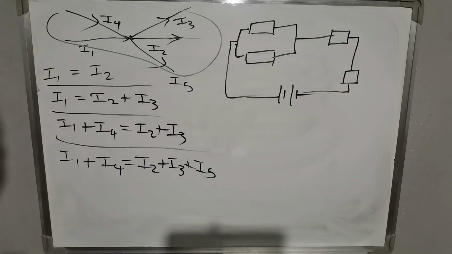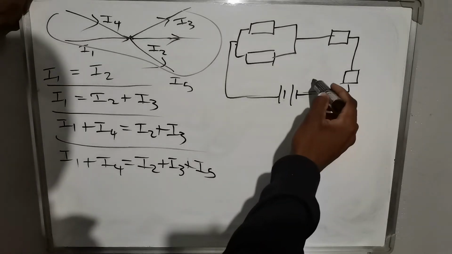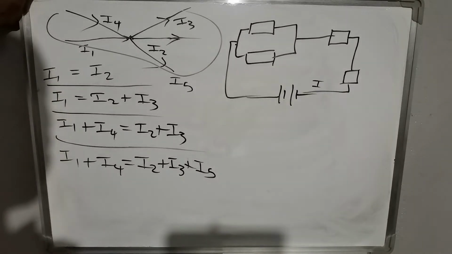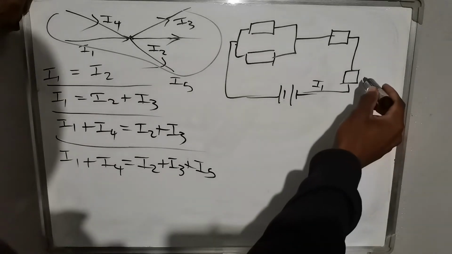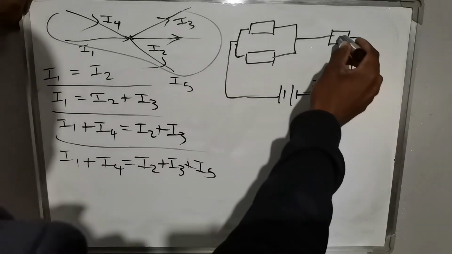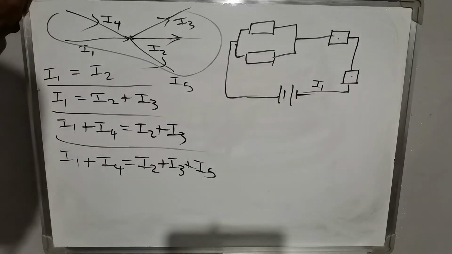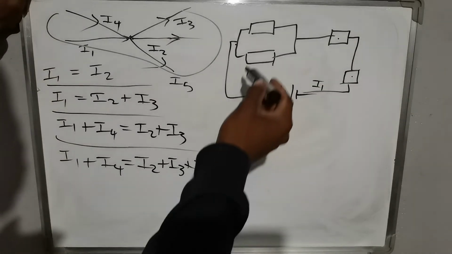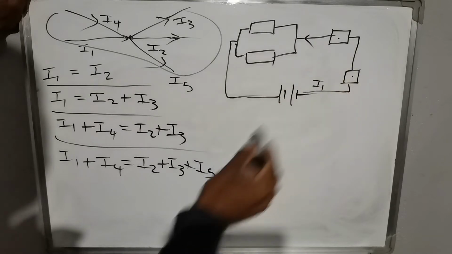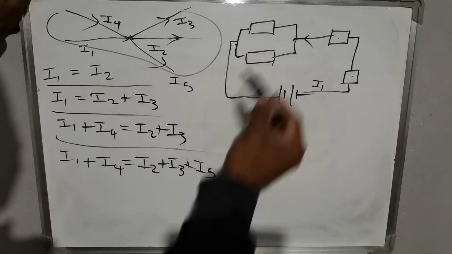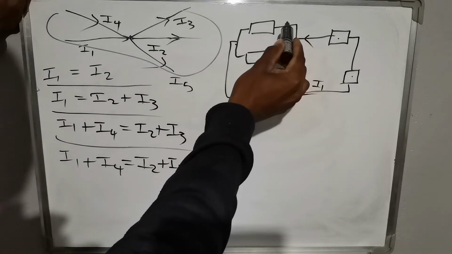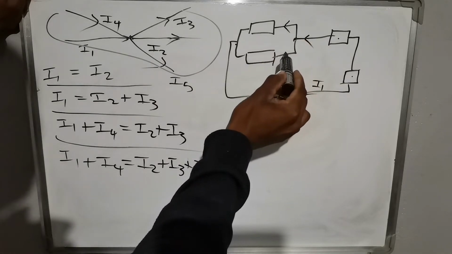So yini siyaziyo nge-series circuit ukuthi if sithi sine current that is flowing here and we call it I1 flows here and here, the current is the same, and when we are here, according to Kirchhoffs, the current in the junction will split.